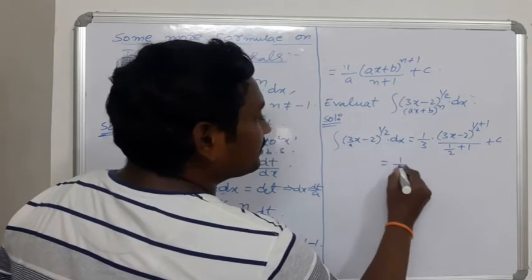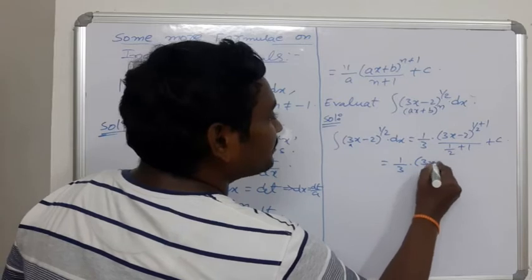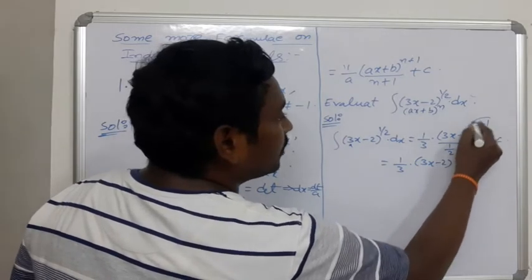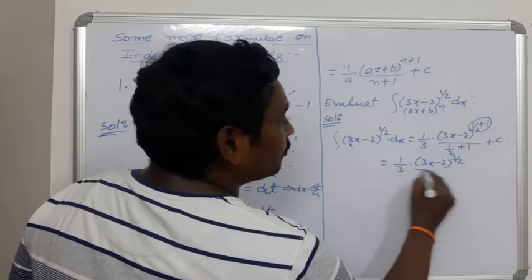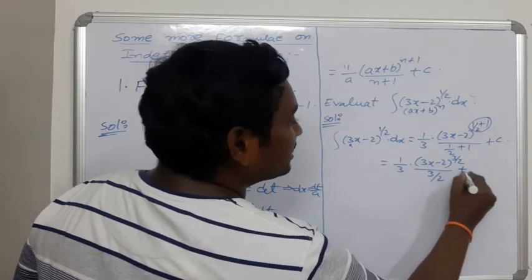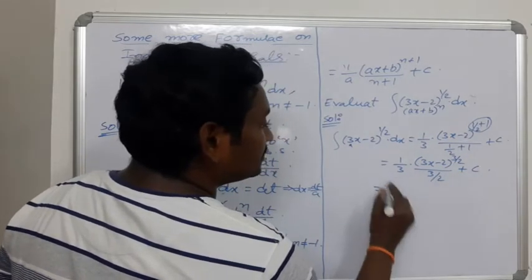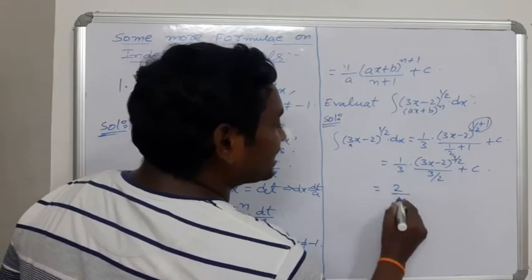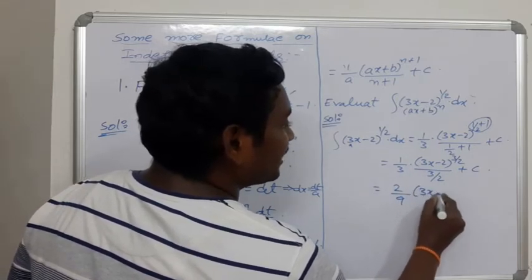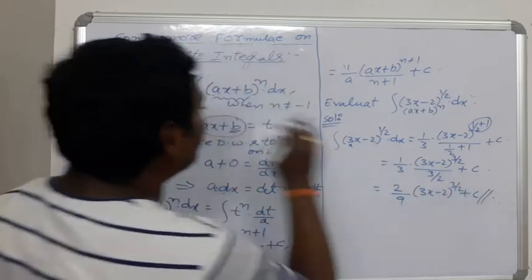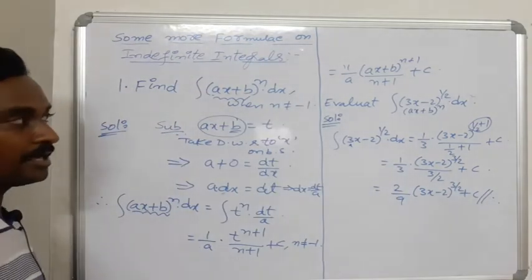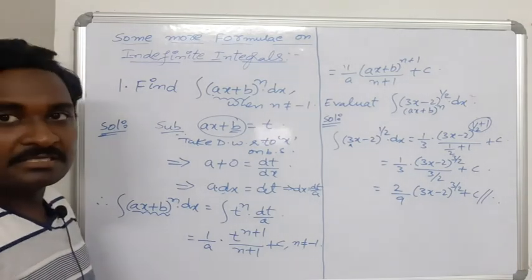That is equal to 1 by 3 into (3x minus 2) whole power, what is the value of 1 by 2 plus 1? 3 by 2, whole by 3 by 2, plus c. That is equal to 2 by 9, since 3 threes are 9, (3x minus 2) whole power 3 by 2 plus c. In this way we can apply this formula. Very important result.